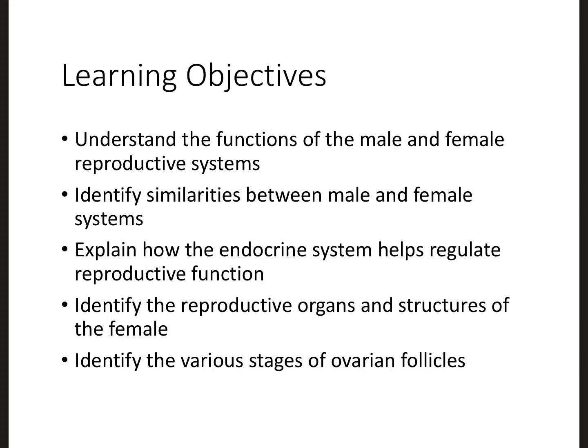We just finished the endocrine system last semester and went through a bunch of hormones. We'll talk about the hypothalamic pituitary gonadal axis and how that controls reproductive function, especially in the female. We'll identify the reproductive organs and structures of the female system, and then we'll get through the various stages of ovarian follicles.